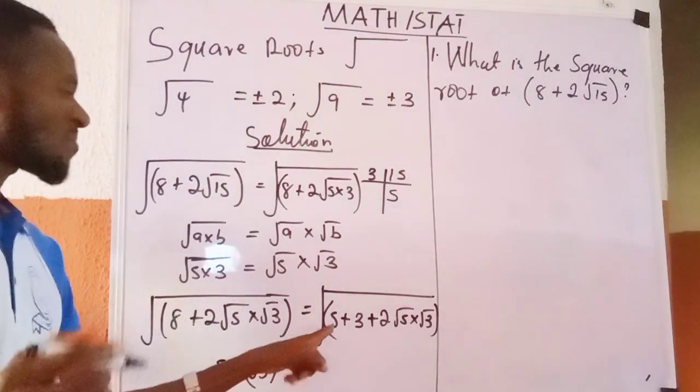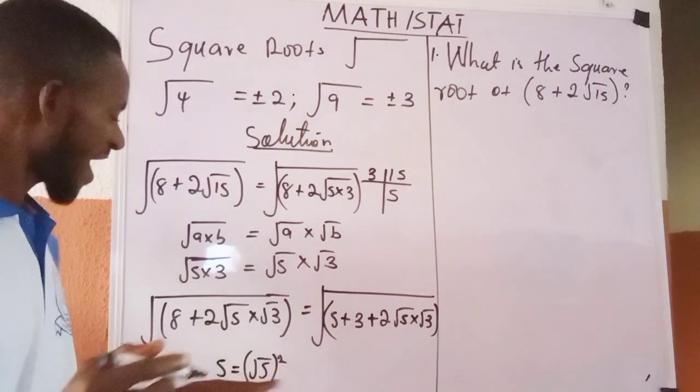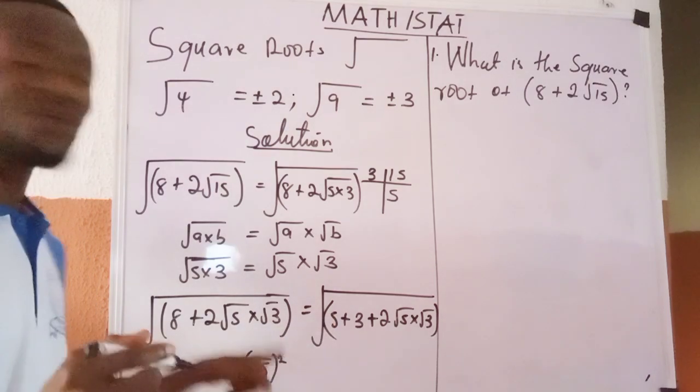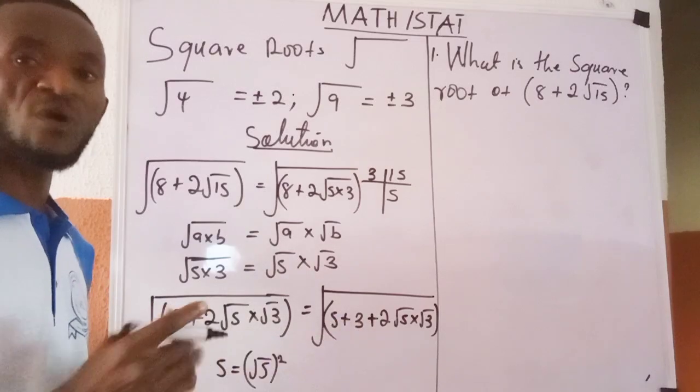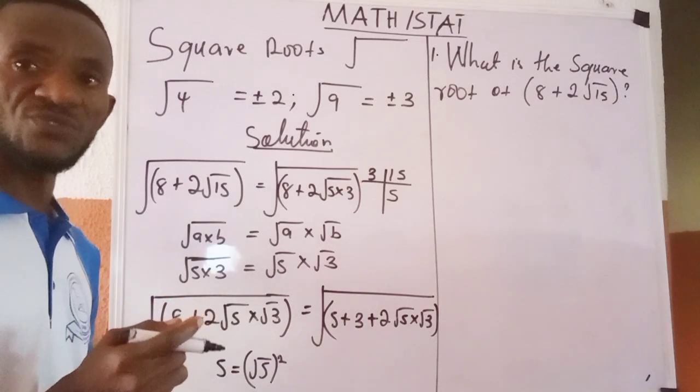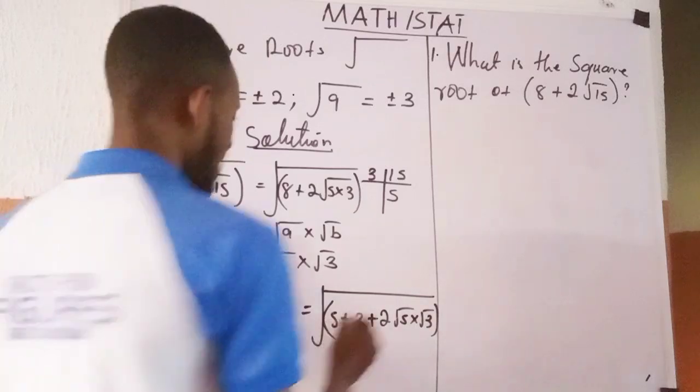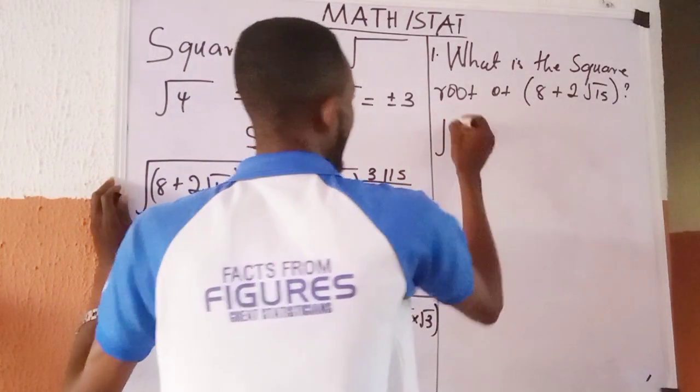So I can decide to come back. Anywhere I see 5, I am going to use root 5 raised to power 2. And anywhere I see 3, I'm going to use root 3 raised to power 2. So what I'm going to have here becomes a general square root.